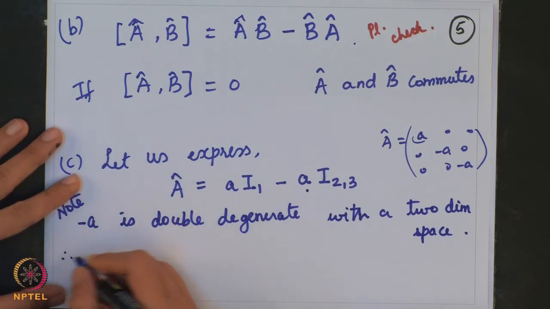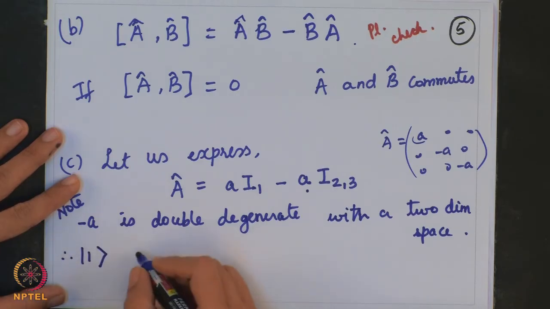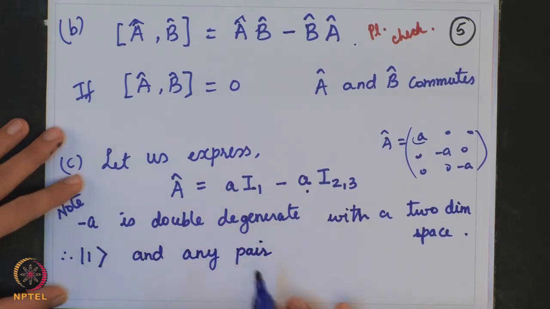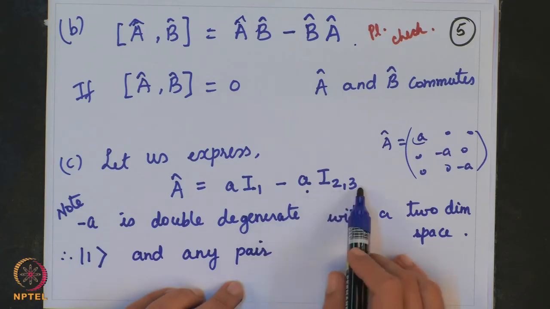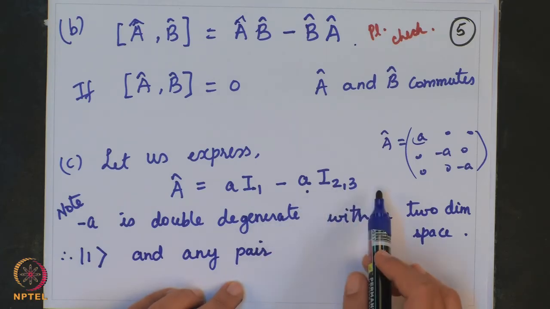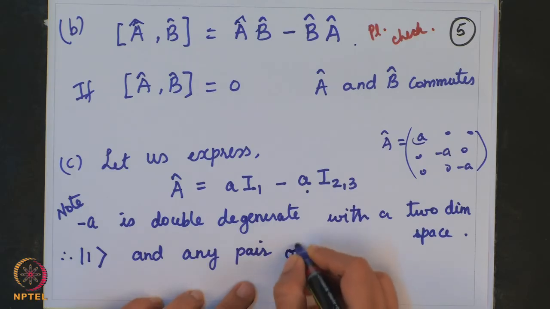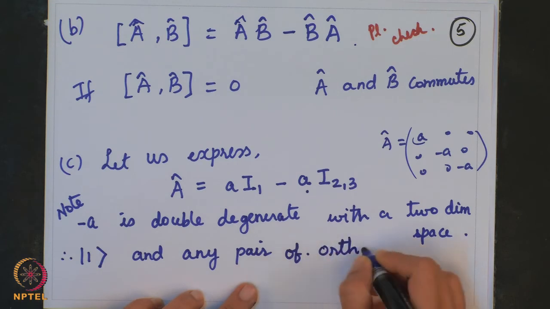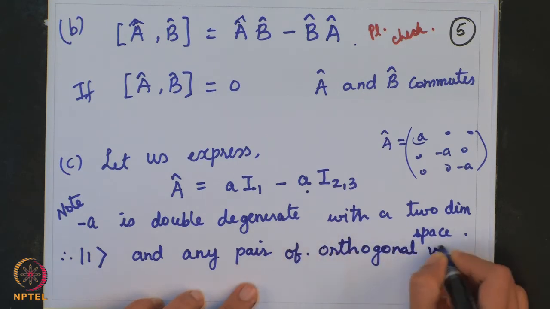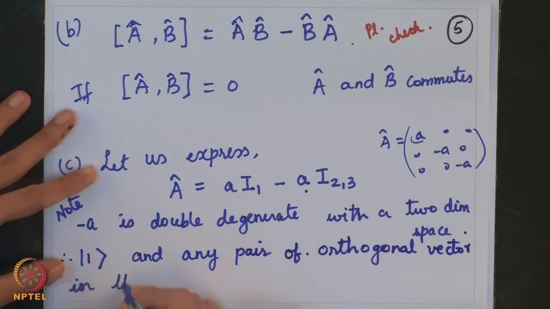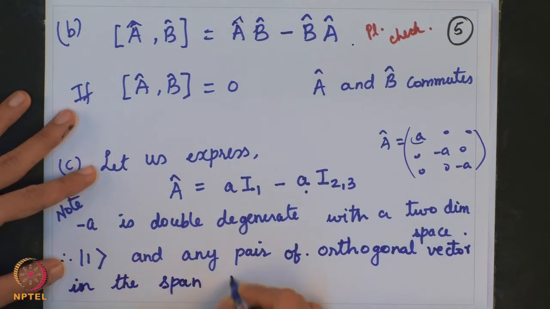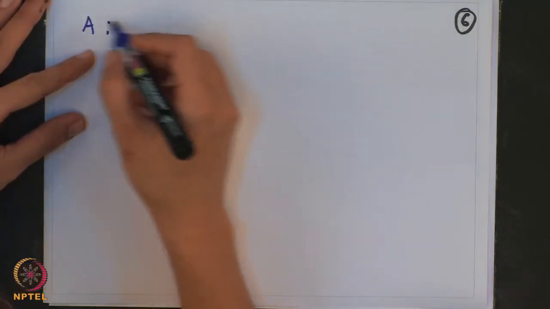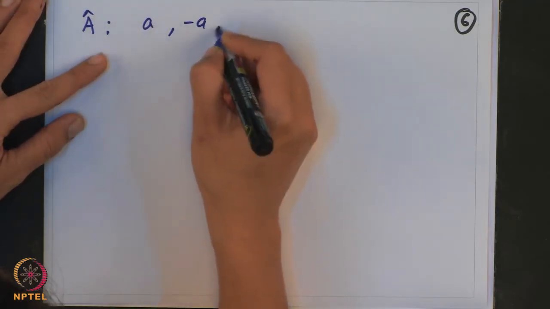So, therefore, what do we say, that ket 1 and any pair, okay, what do I mean by any pair? There are two kets, ket 2 and ket 3. So, ket 1 with any pair of orthogonal vectors in the span of 2 and 3. So, A has eigenvalues A, minus A, minus A.